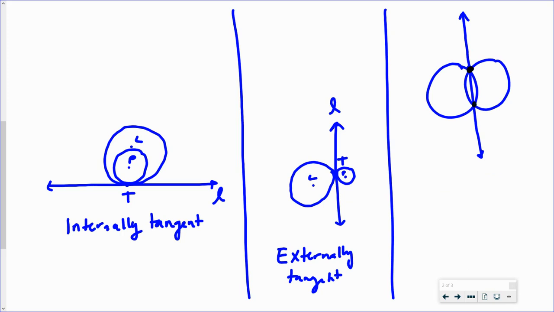And a line of tangency can only intersect a circle at one point at a time. And then here, these two circles would not be tangent because, again, they're not touching. They could share common tangents, but they are not tangent to each other.